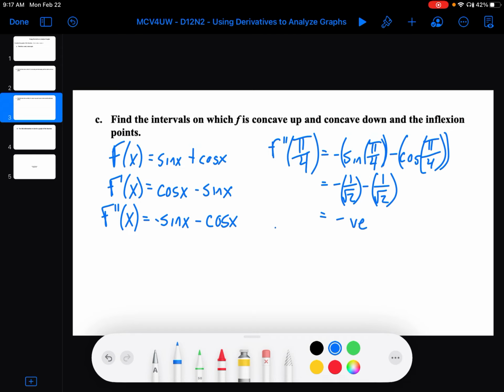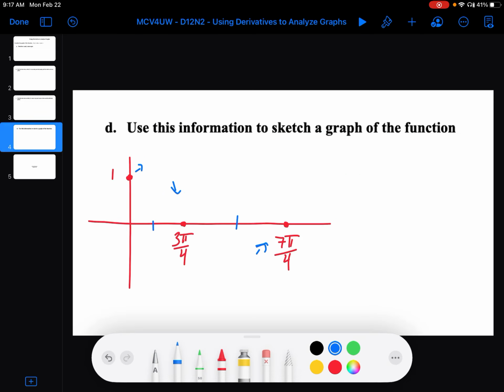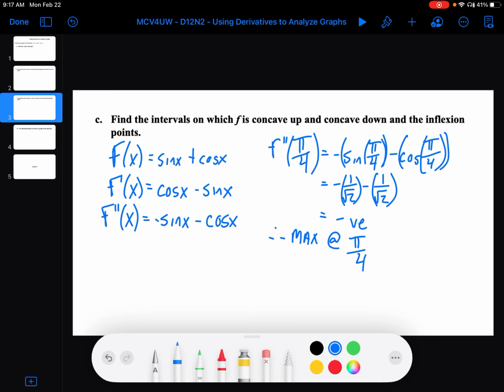So therefore, max at pi by 4. So we can go to our graph and put a maximum at pi by 4. We could actually substitute into the graph. So f at pi by 4 would be sine pi by 4 plus cos pi by 4, which is going to be 1 over root 2 plus 1 over root 2, which is 2 over root 2.